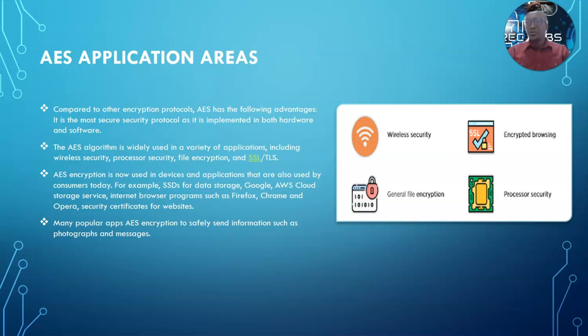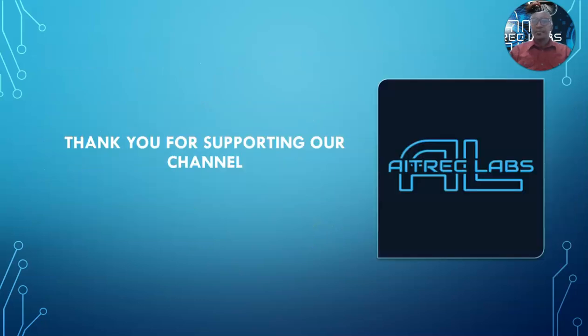It's one of the most secure algorithms. So every time you're using wireless communication with WPA2, behind the scenes it is usually the AES algorithm. If you're browsing using SSL, it is also used for protocol security, processor security, and general file encryption. Those are some of the application areas where you can deploy the AES algorithm.